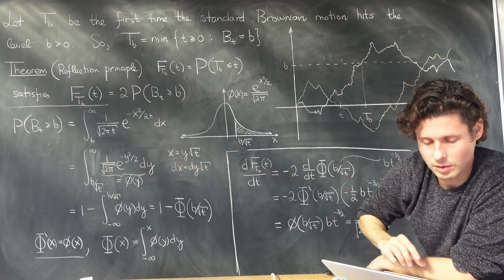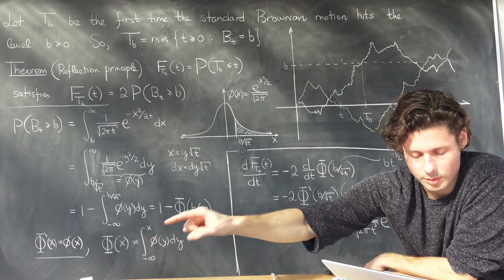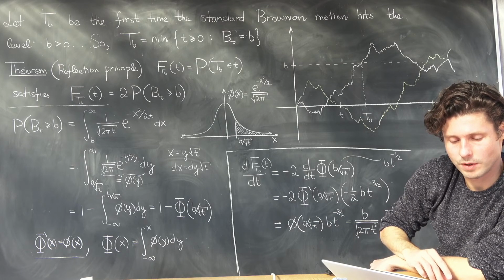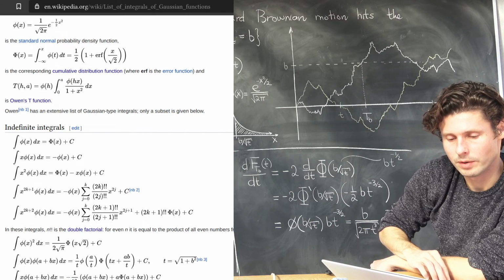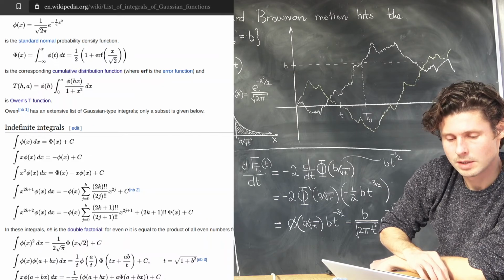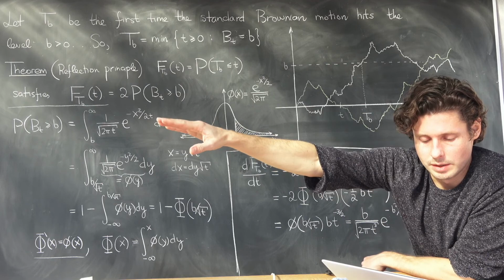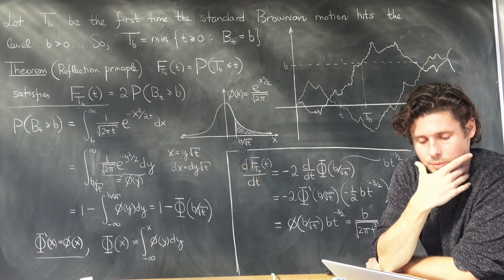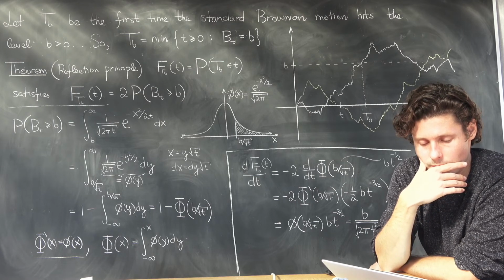This is the standard normal density, and then in a second we're going to have Phi, which is the cumulative distribution function of the standard normal. So we've seen these integral tables where you have both of them in a number of integrals that you can use. This is one example of making something slightly non-standard look standard, so that you can then look up some integral and have an explicit expression that you can use.